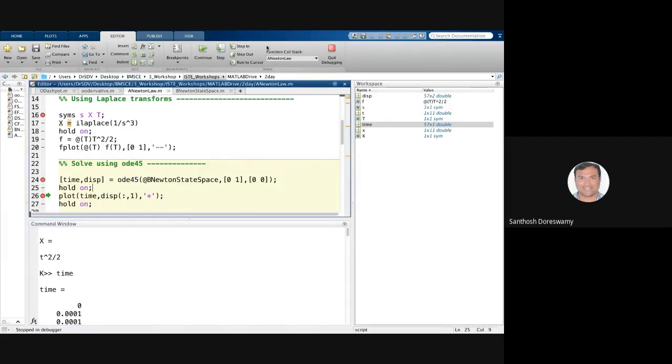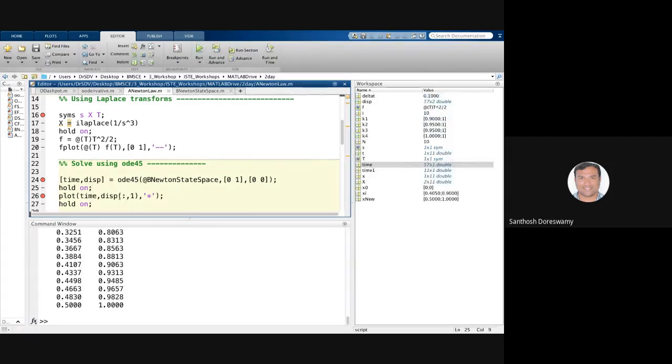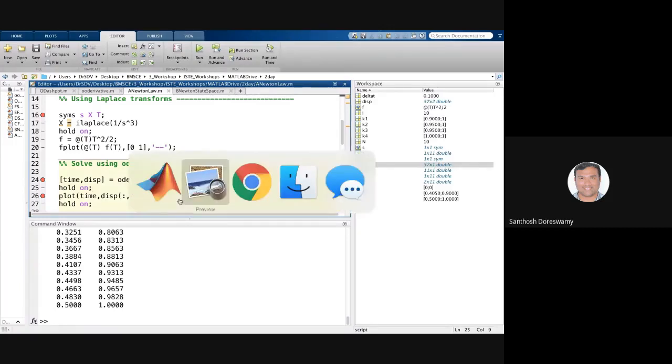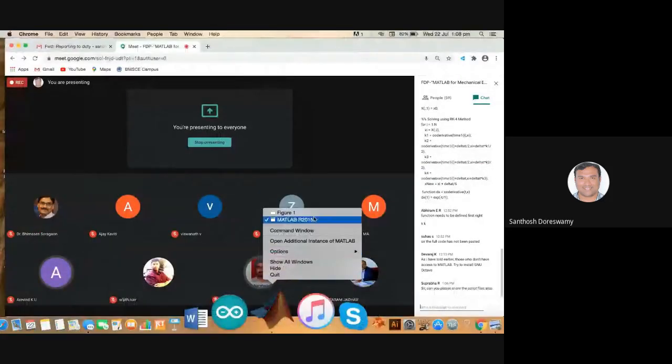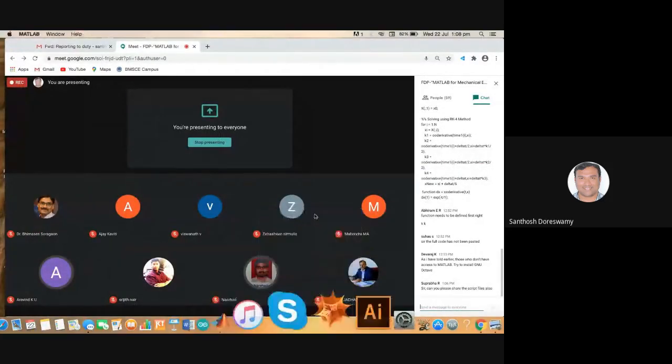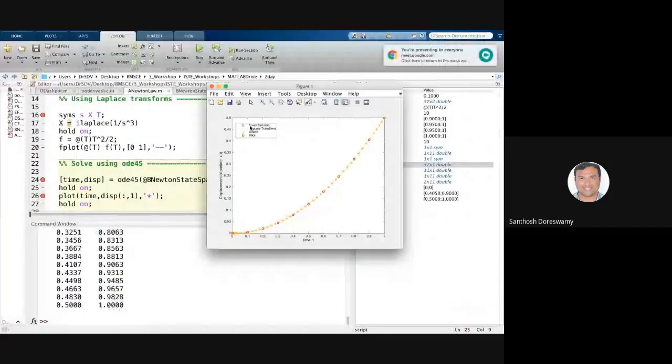Then I continue this code to plot time versus displacement using the ODE class of solvers. If I do that, there you go. You see here, we did an exact solution based on Laplace transform.